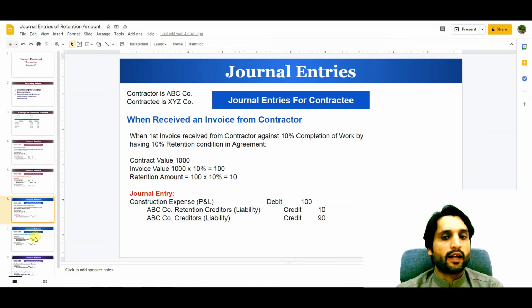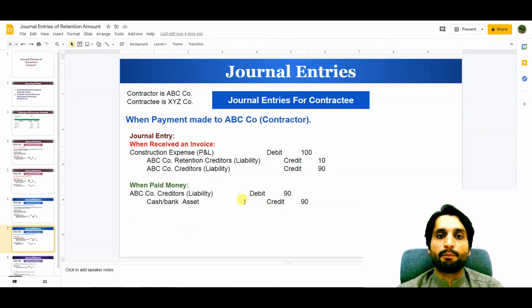Now when the contractee is going to make the payment to the contractor, what journal entry do we need to pass? The previous journal entry was about when we record our invoice received from the contractor. Now when we are going to pay money to the contractor, ABC company creditors under liability account will be debited.